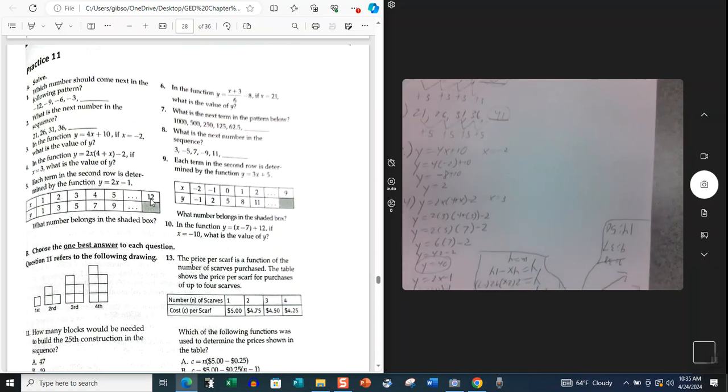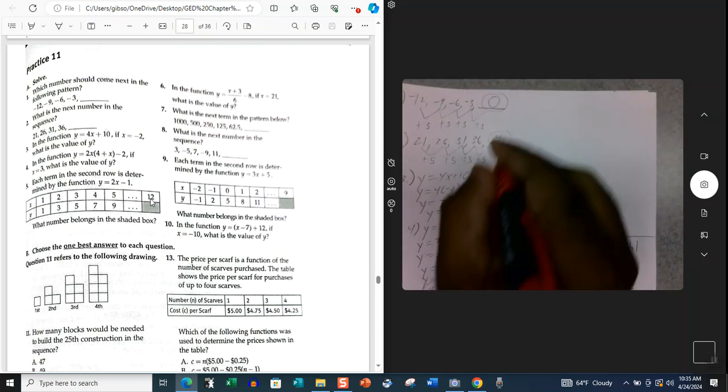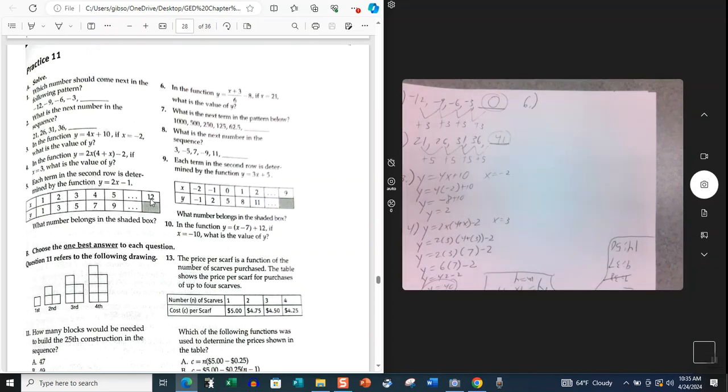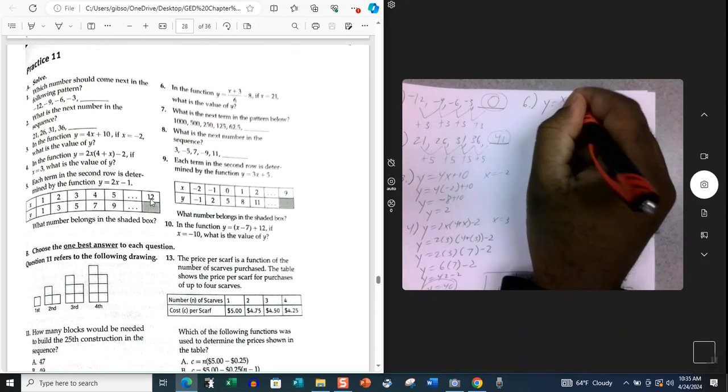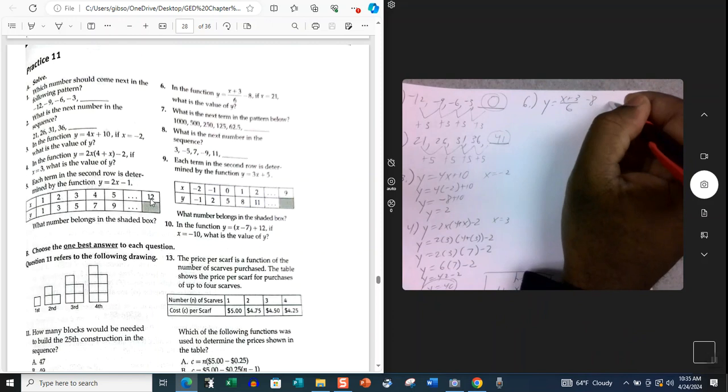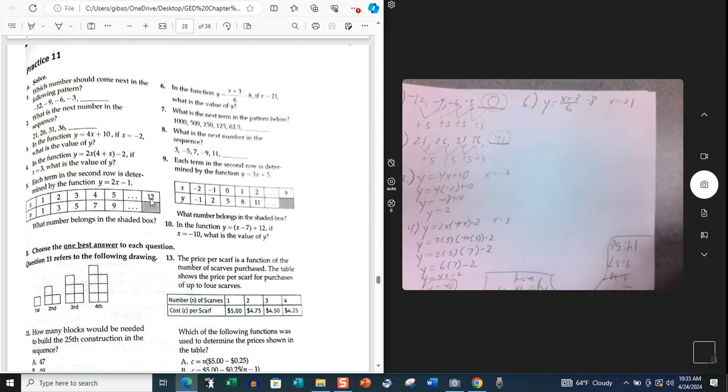Now we go here to problem number 6. It says in the function y equals x plus 3 over 6 minus 8. If x is 21, what is the value of y? So we have y is equal to x plus 3 over 6 minus 8. And we have x is 21.